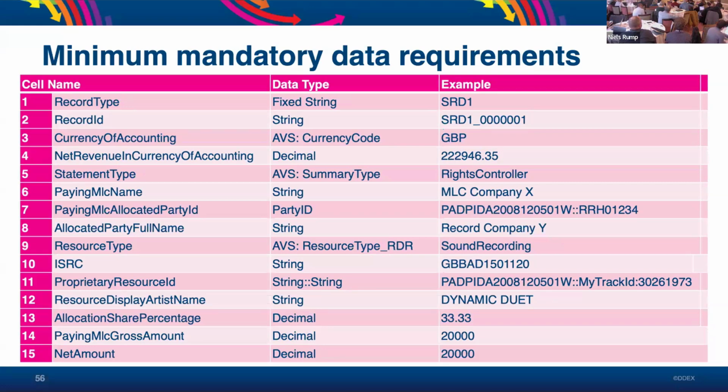However perfect your registered repertoire at the MLC can be, if they are not able to match it to usage that they get from radio or any other paying user of music, they will not be able to report back in this type of detail. And actually, that is exactly the reason why ISRC is not mandatory, because sometimes it gets reported back without ISRCs.